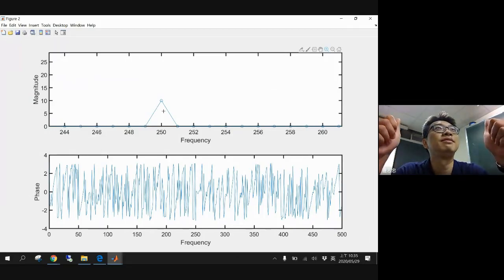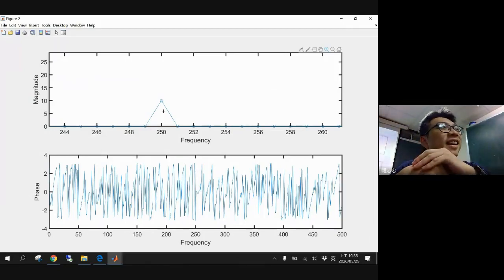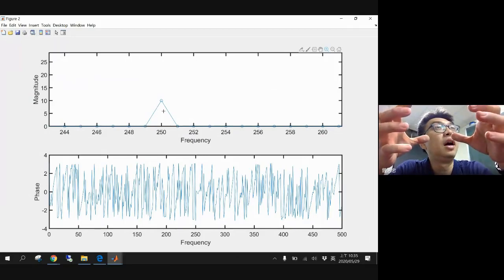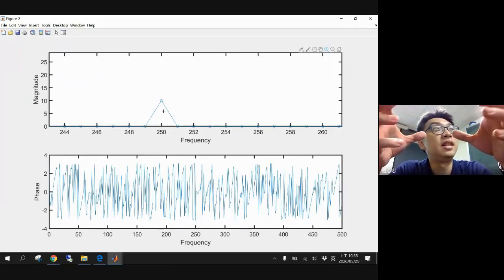Any problem? Yes. I want to ask first, how do we know the maximum sampling rate of the DAQ? I mean the maximum capacity of the device. Any device already lists the specification of the sampling rate.